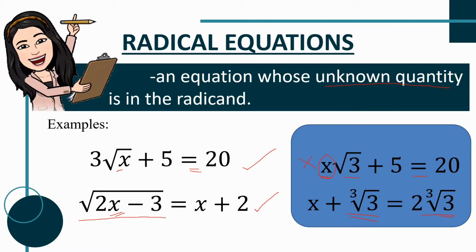So therefore, these two are not examples of radical equations. Can you see the difference? Okay, so in short, we will know if it is a radical equation if the radical expression involves variables. Did you understand? Okay, good.